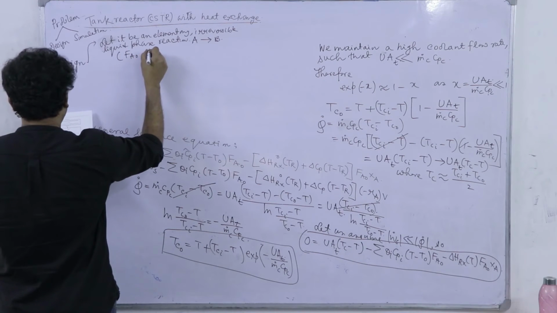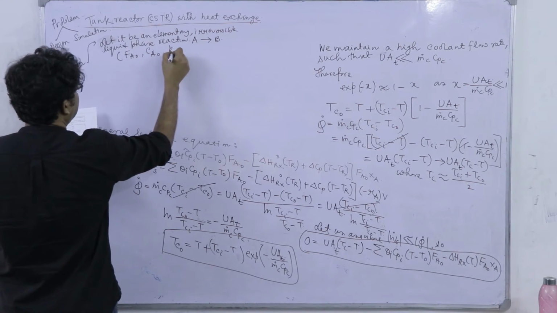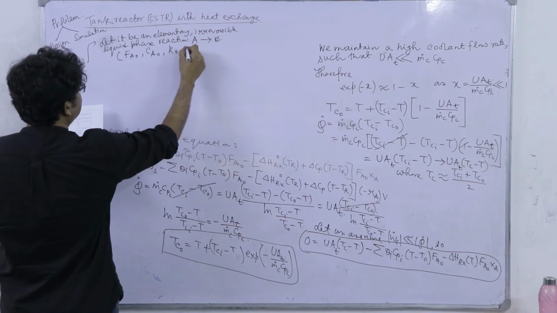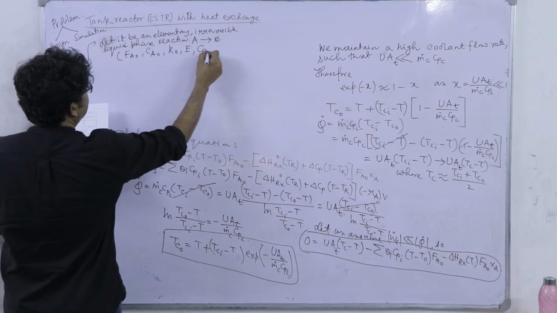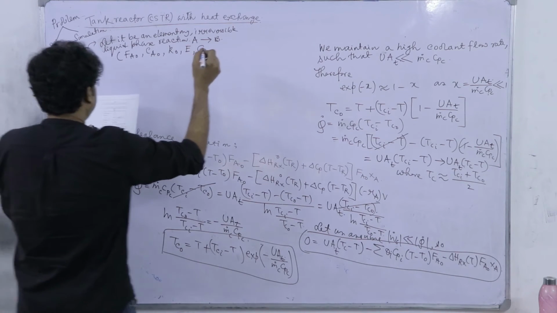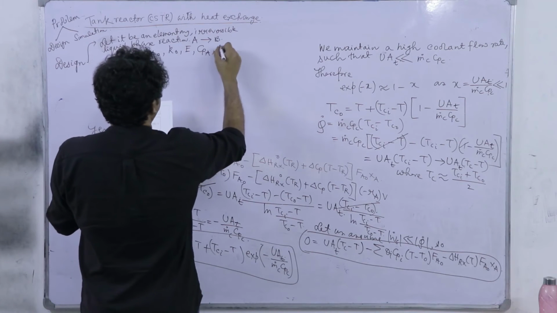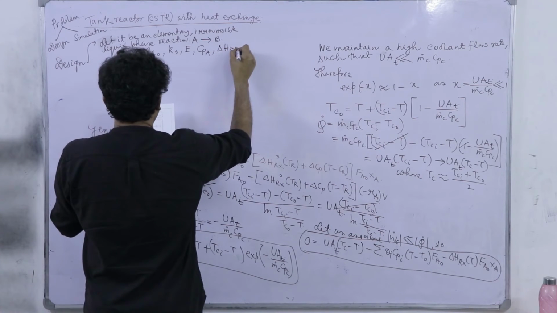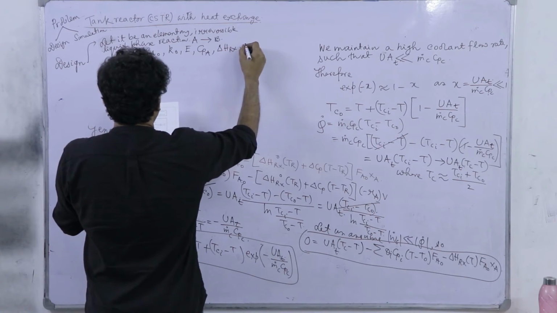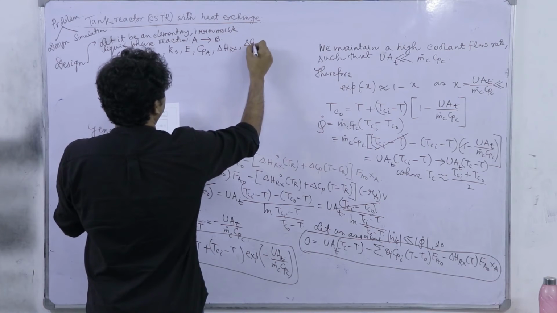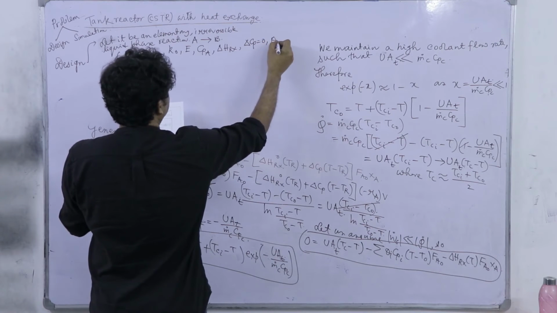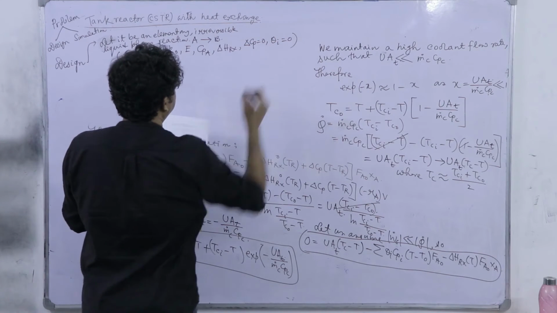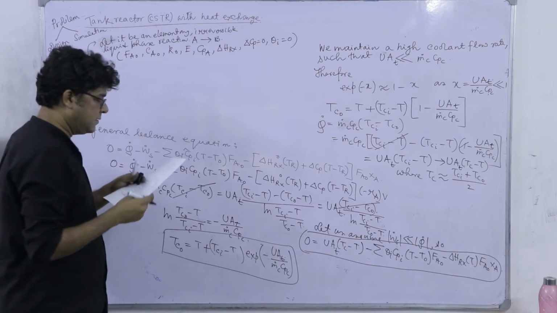We know Fa naught, we know Ca naught, we know K naught, the pre-exponential factor, activation energy, specific heat of A, this delta H Rx. Let us say this del Cp equal to 0 and theta I all are 0. It is a pure A which is used as a feed.